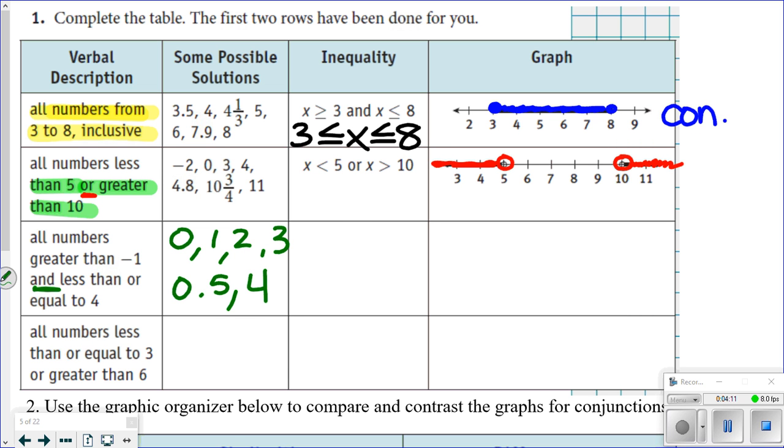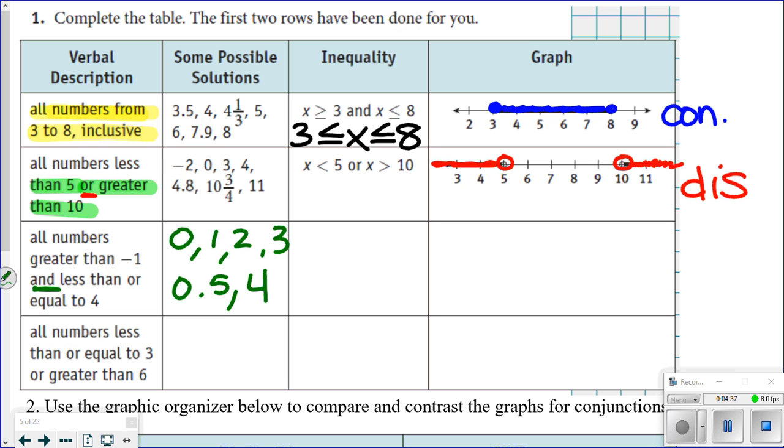Okay, so let's write this as one big compound inequality, one big conjunction because it has the word and. So, oops, I forgot to write up here that this is a disjunction because we're disconnected. We're shading opposite ways. We're shading apart. And we use the word or. Okay, so back to the third column.